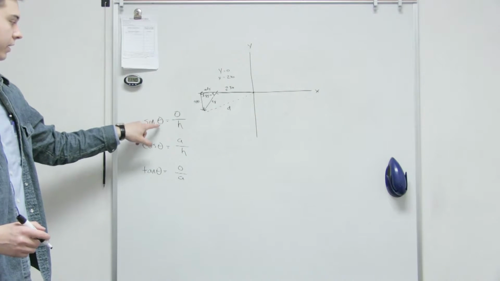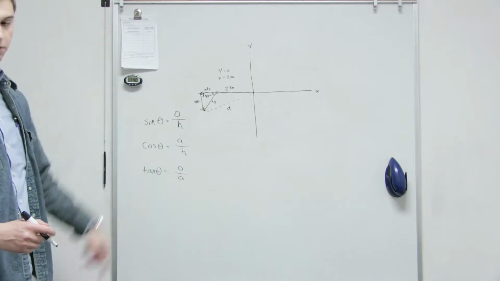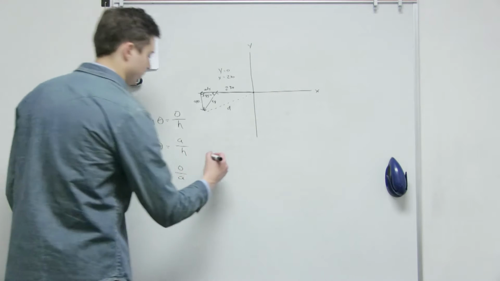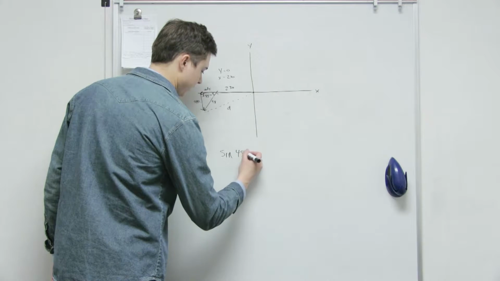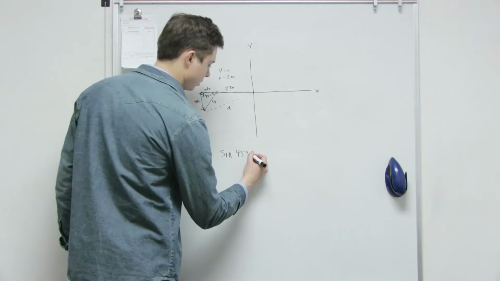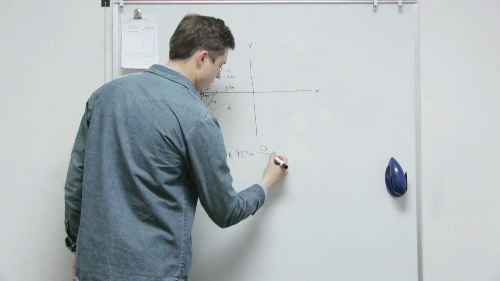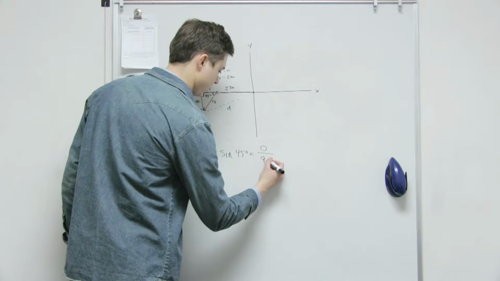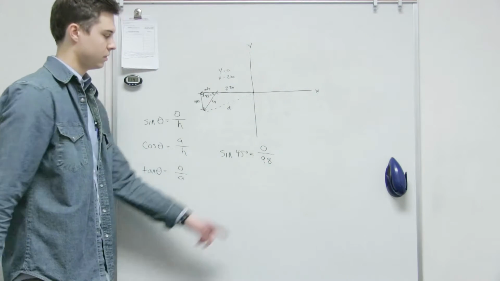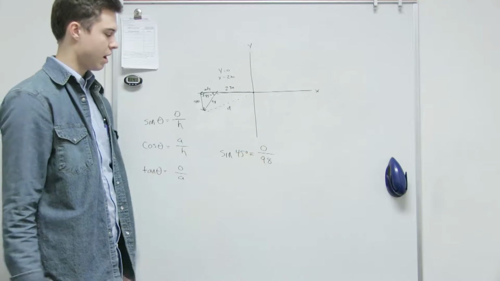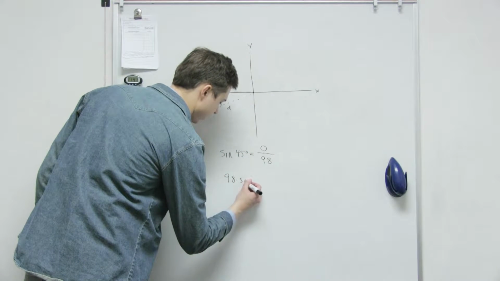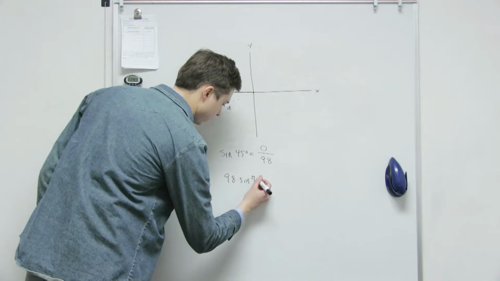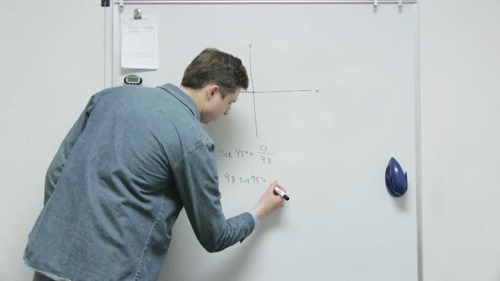We can say sine of 45 degrees equals opposite over 98. To get rid of that denominator, we can multiply it over. So we'd say 98 times sine of 45. I think we did this.